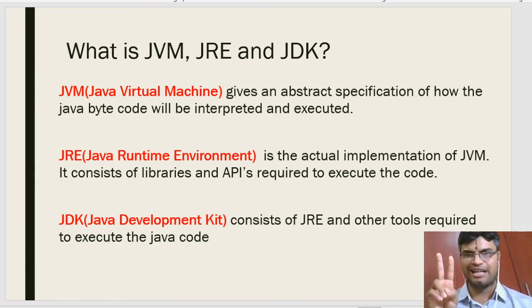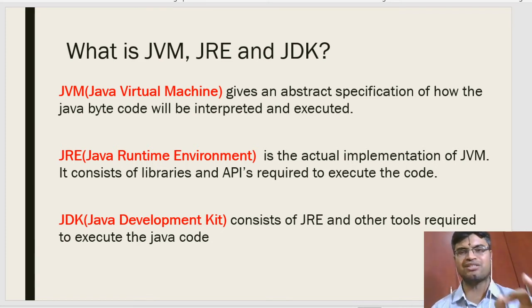These two are required for you to run any Java program. So if you want to execute a Java program, you need to install either a JDK, Java development kit, okay, or you can use an IDE such as Eclipse, right, or NetBeans. There are so many IDEs out there nowadays, but the most popular out there is either your Eclipse or NetBeans.